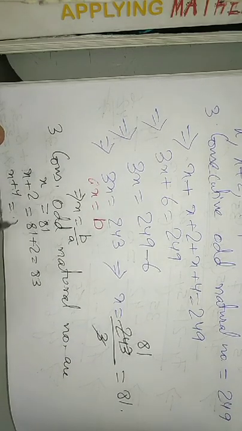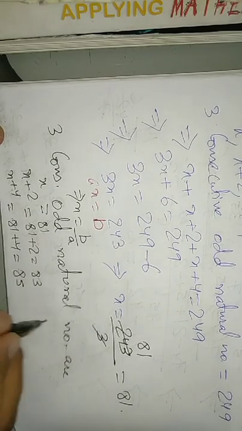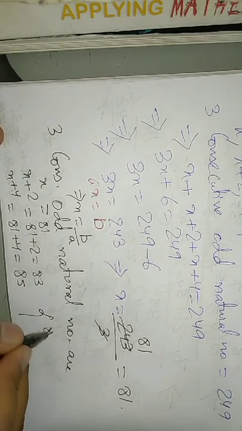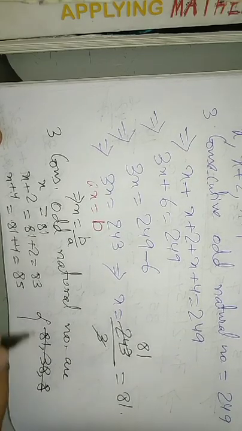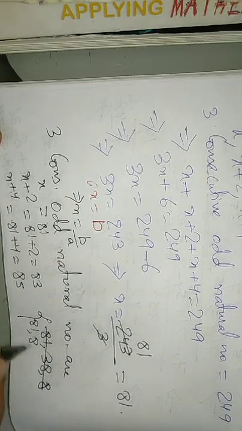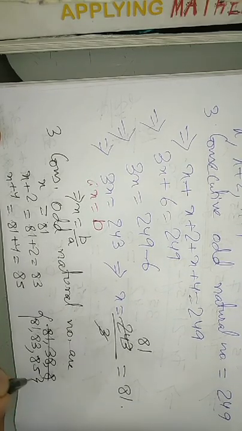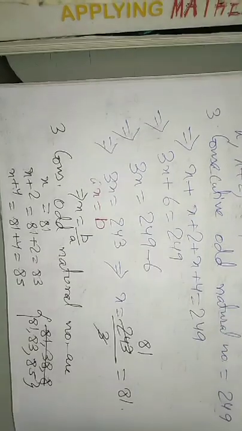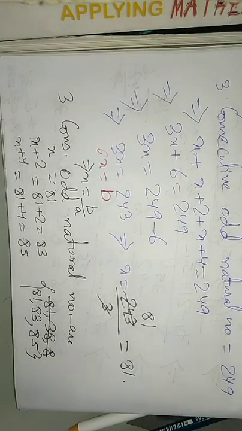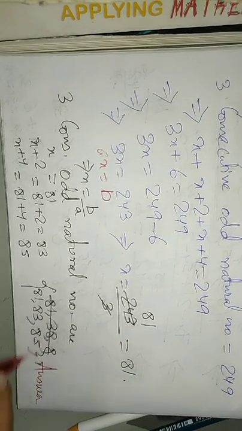And x plus 4 is 81 plus 4, 85. So now you got the answer: 81, 83 and 85. This portion is the answer.